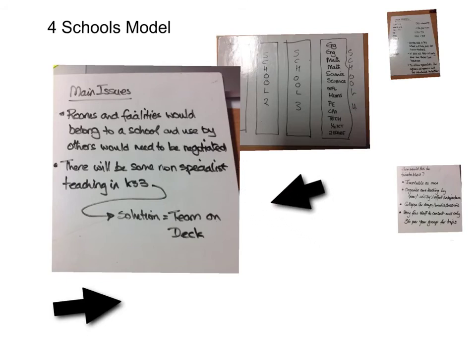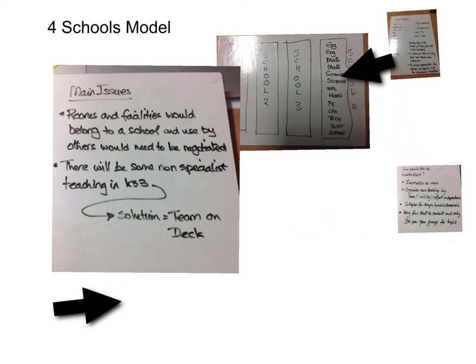We'll also see that there is some non-specialist teaching in Key Stage 3, because obviously we have a shortfall in skills, let's say for humanities. A humanities teacher would need to teach geography-ish units, history-ish units, RE-ish units, and similarly tech teachers would have to teach their different subjects, and science teachers would have to be cognizant of biology, chemistry and physics and geology and everything else.